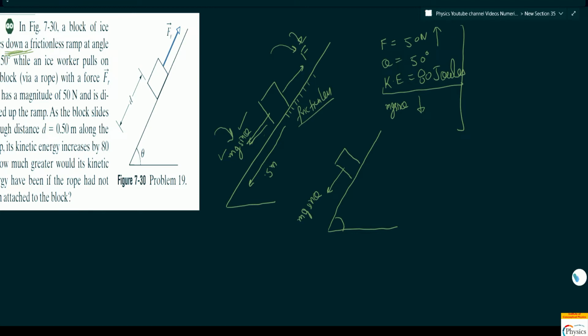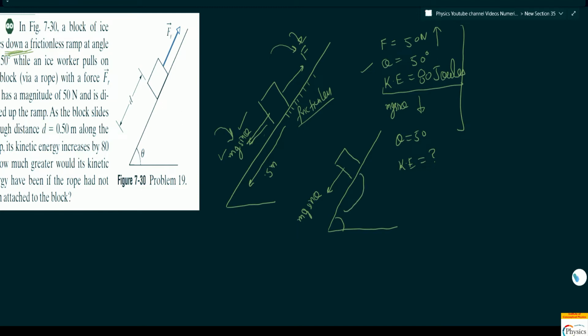So when I write the data for this, my incline angle has not changed. Theta is still 50 degrees. My kinetic energy is something I need to find out. The force is absent now. There is no upward anti-parallel force which is trying to pull it up against its net 0.5 meters, right?